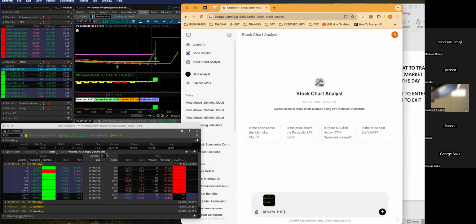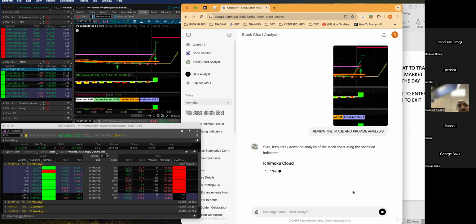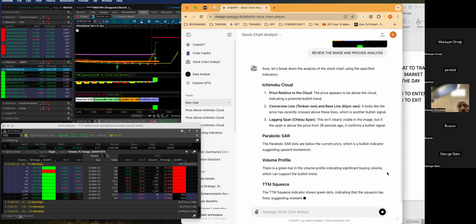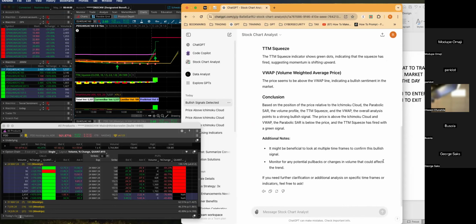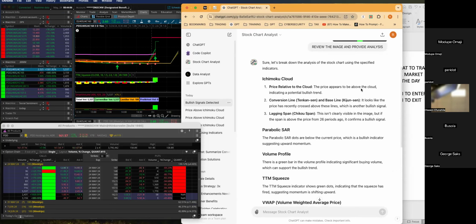Review the image and provide analysis. Let's see if it can read it. Okay, so it says, let's break down the analysis. Price relative to the cloud: the price appears to be above the cloud, indicating a bullish trend. Conversion line: it looks like the price has recently crossed above this line, which is a bullish signal.